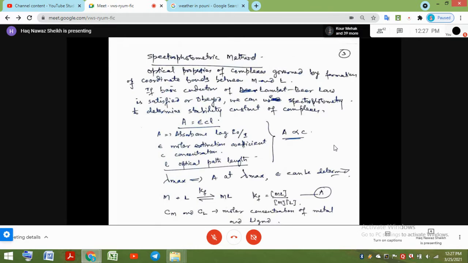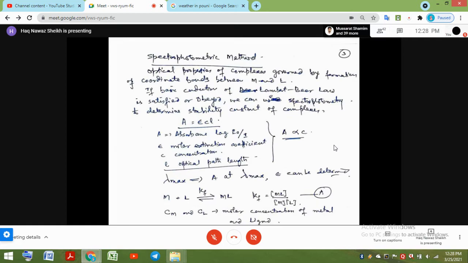The larger the number of molecules, the higher the concentration, the larger the absorption. If the solution is dilute, absorption will be less, right?